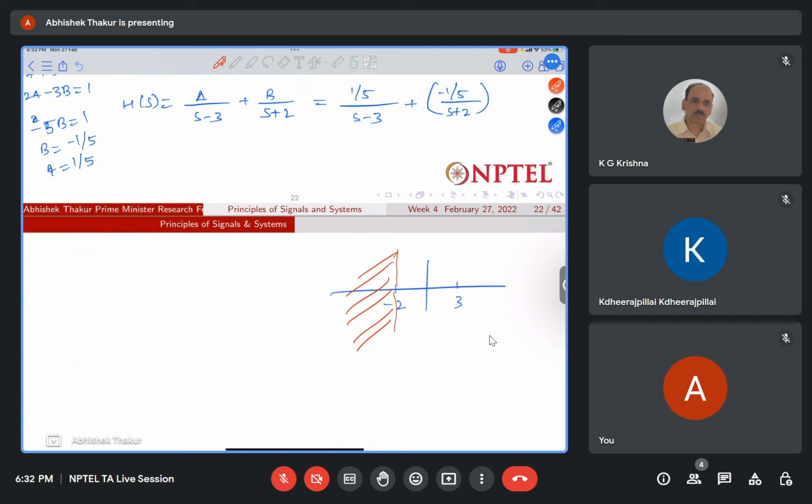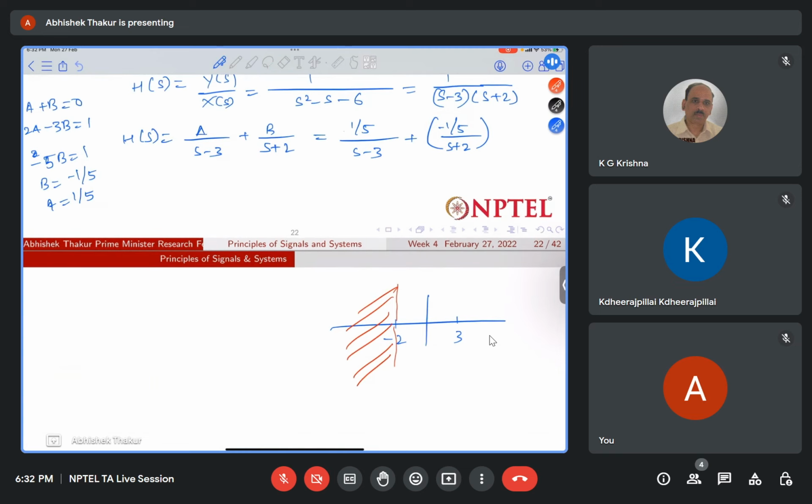So this means that here we can write minus and minus, because this will depend on u of minus t. So we will take the inverse Laplace transform in terms of u of minus t, because these are left-handed signals.